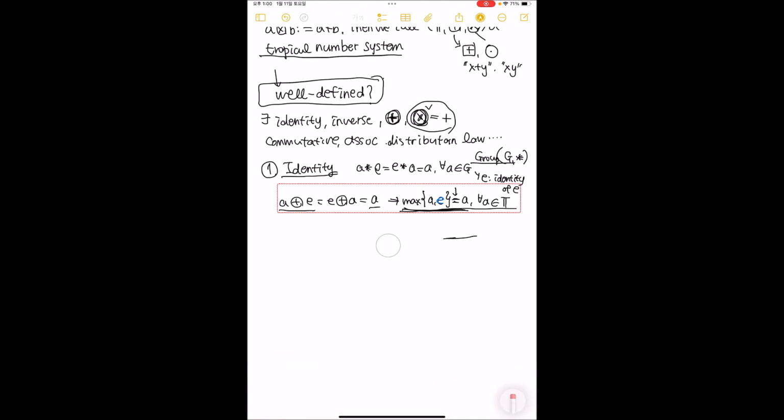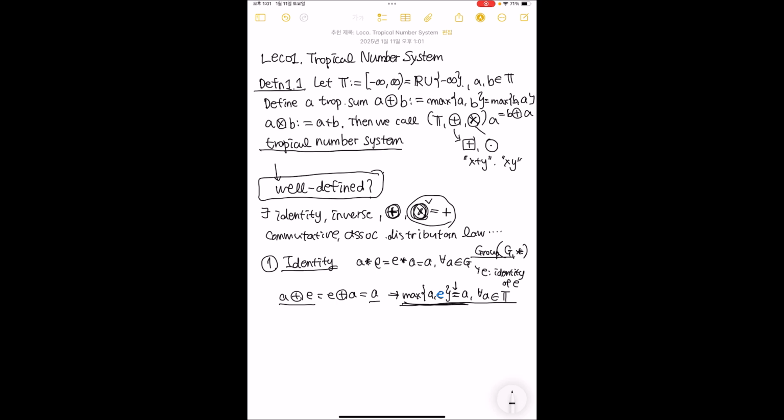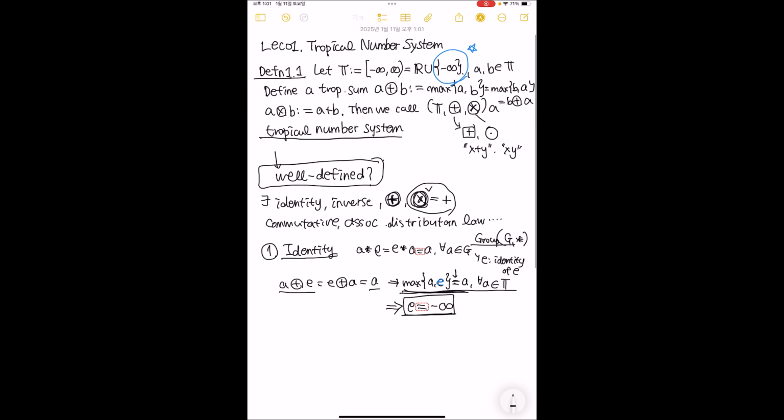So to hold this equation, we should extend the real number system, the extended real number valued system. As I said, that is an essential part of the tropical number system. To hold this equation, the only way is that E is minus infinity.